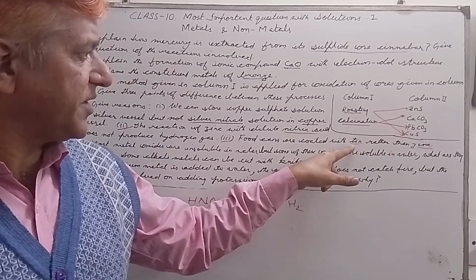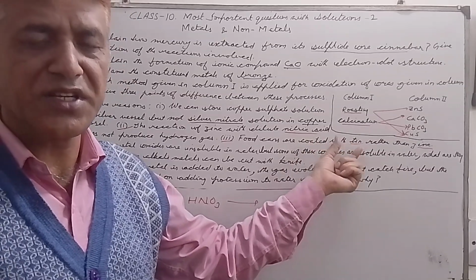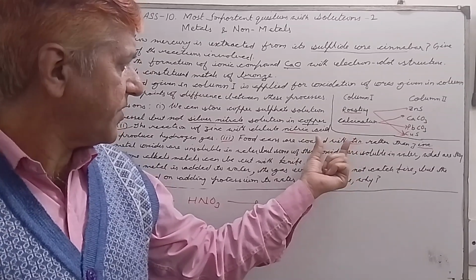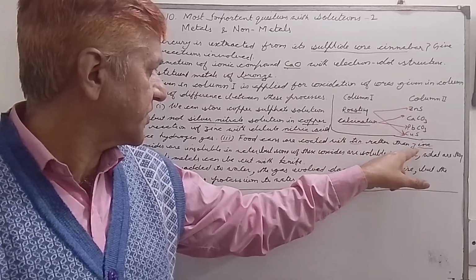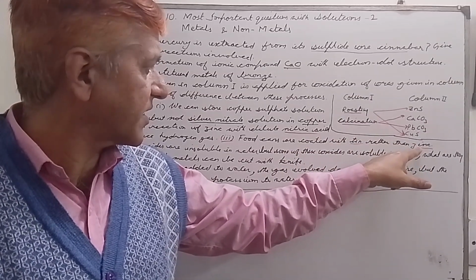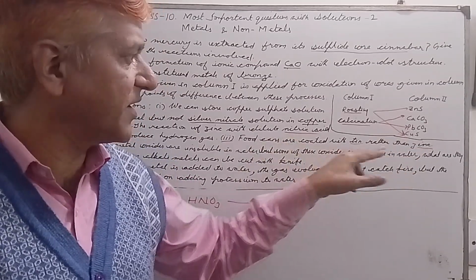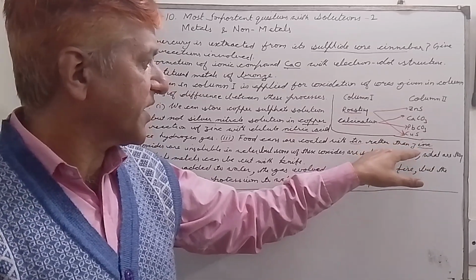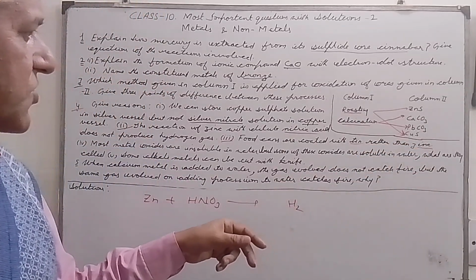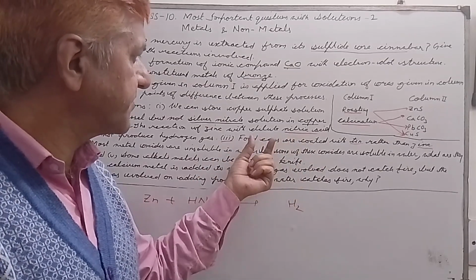So food items will not react with tin because tin is less reactive. And if food cans are coated with zinc, then the food kept in these cans will react with zinc because zinc is more reactive. So we cannot store food in zinc coated cans.